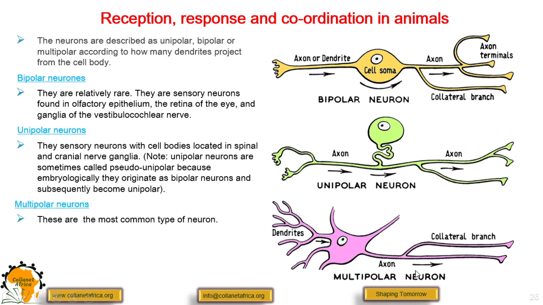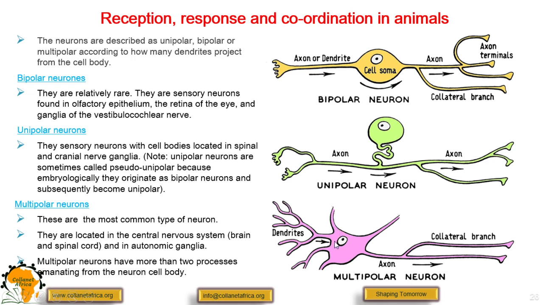The other one is multipolar neurons, and they are the most common type of neurons. They are found in the central nervous system, that is the brain and the spinal cord. They have more than two processes coming from the cell body.